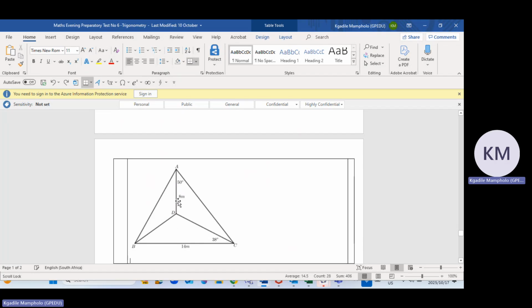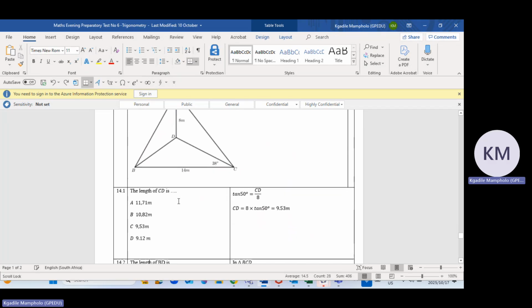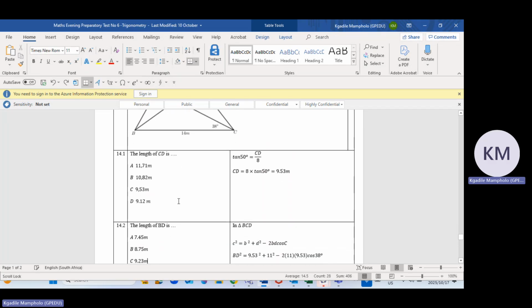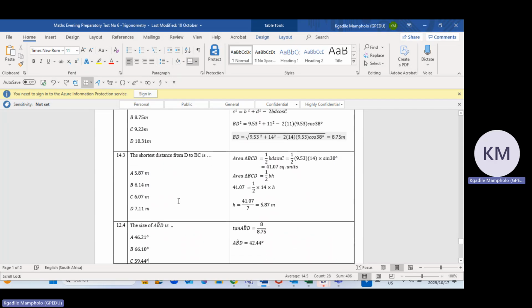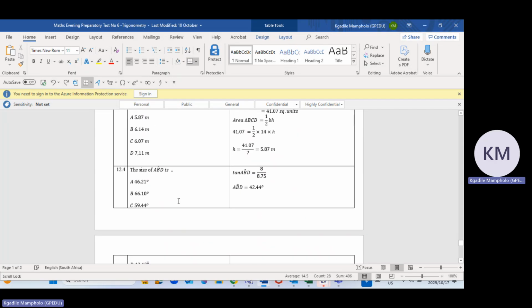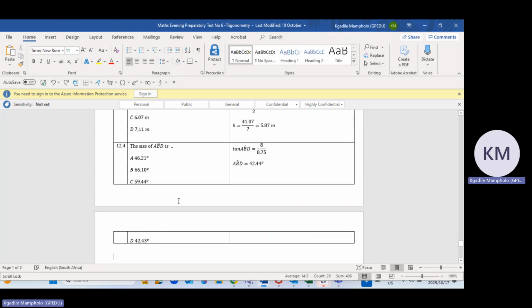Opposite is 8, then adjacent is BD, which we calculated, 8,75. Then when you use the calculator, ABD is equal to 42,44.